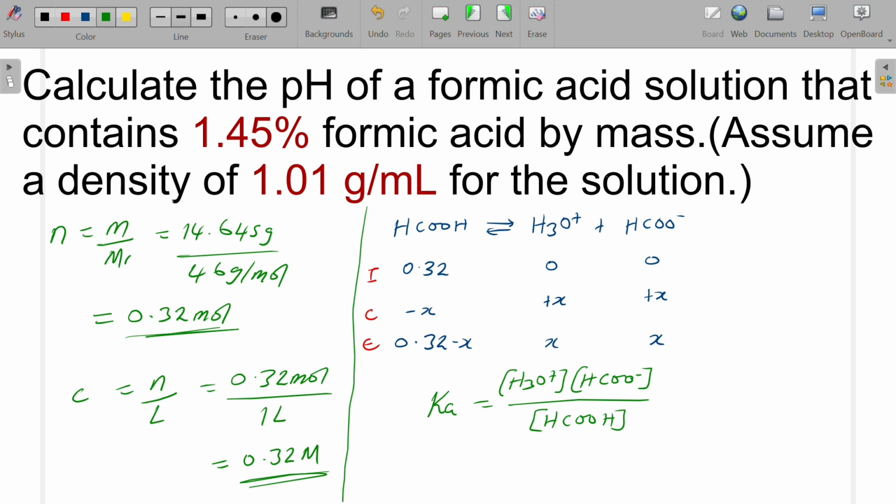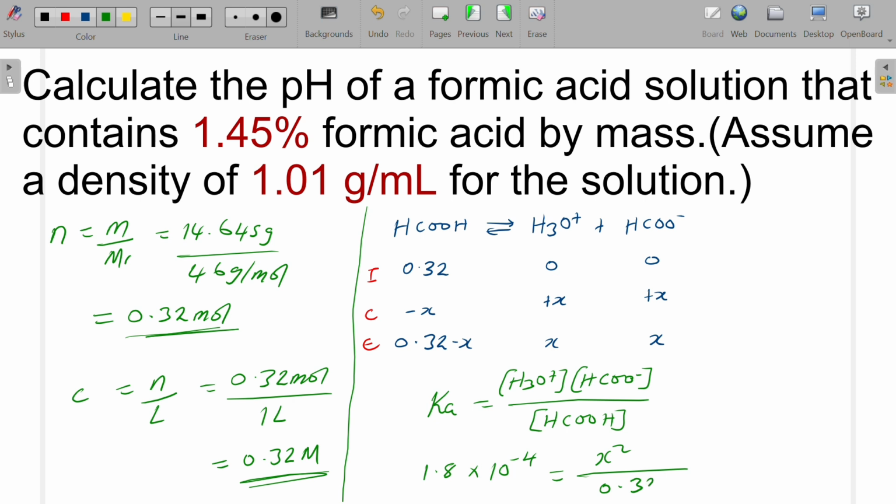Replacing with what we have now, formic acid has a Ka value of 1.8 times 10 to minus 4. On the other side, the concentrations of the hydronium and the conjugate base on top are both X, so we can just say that is X squared.